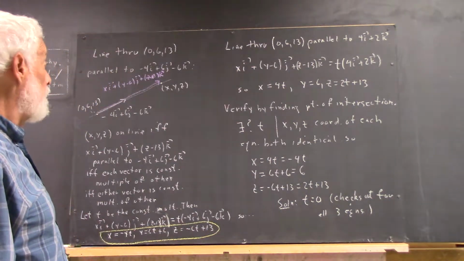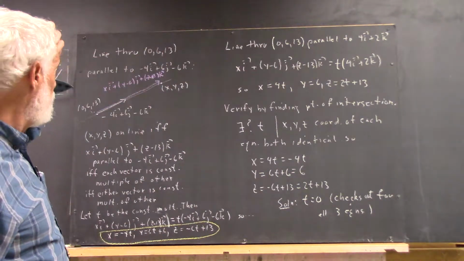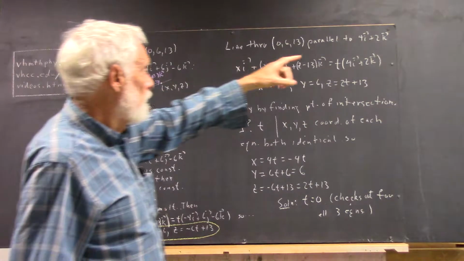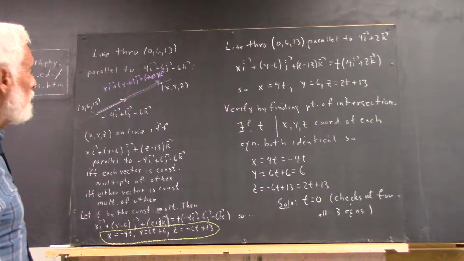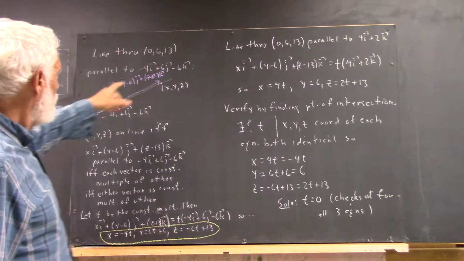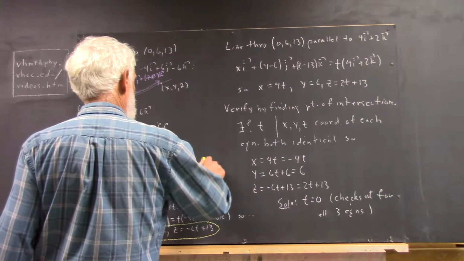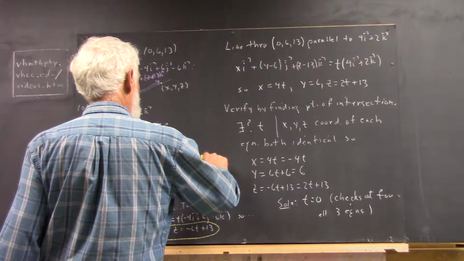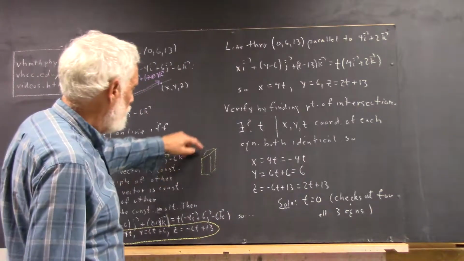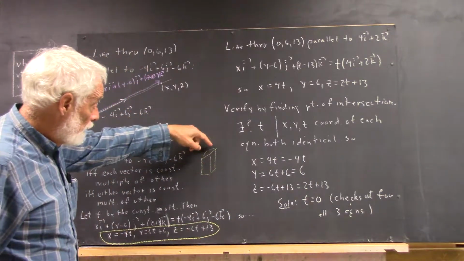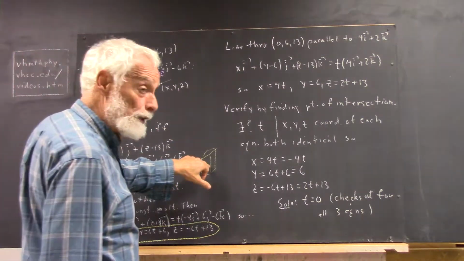Over here now, we do a line through (0, 6, 13) that's parallel to the vector 4i + 2k. Where do these vectors, 4i + 2k and -4i + 6j - 6k, come from? Remember, we had our figure where we measured the lengths of the edges that gave us the coordinates of 3 points on the sloped surface of this object.